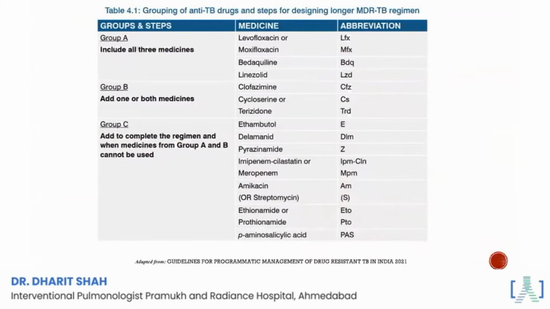So we primarily want to know whether it is a sensitive drug or not. For that we are using LPA and culture DST, and now we are going to introduce whole genome sequencing to get each and every drug sensitivity report.